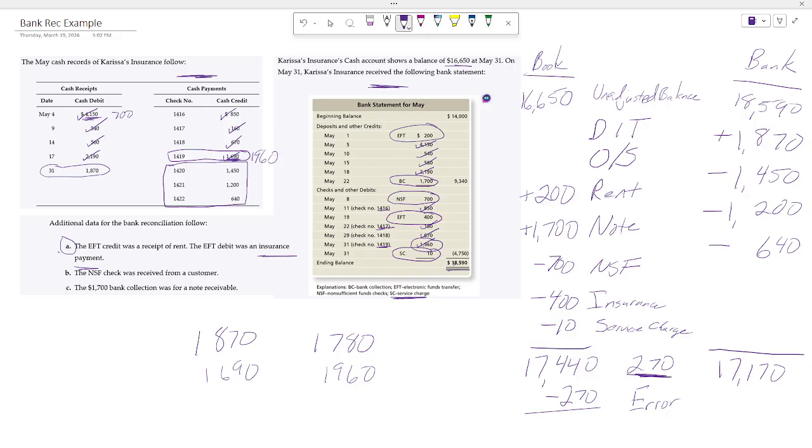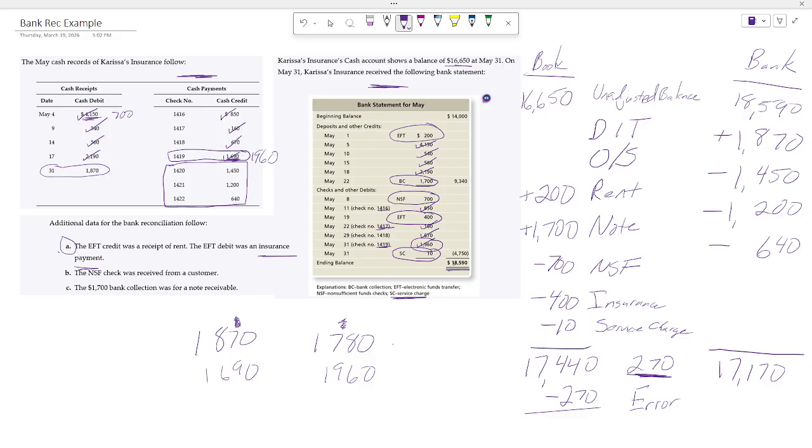Now, is this going to be a positive or a negative number? It could be either one. It depends on which way the mistake went. For example, in this example here, if we thought we wrote the check for $1870, but we actually wrote it for $1780, we have more money than we thought.